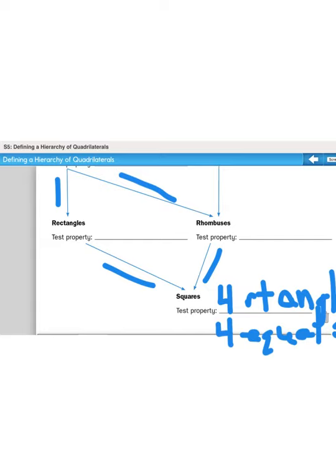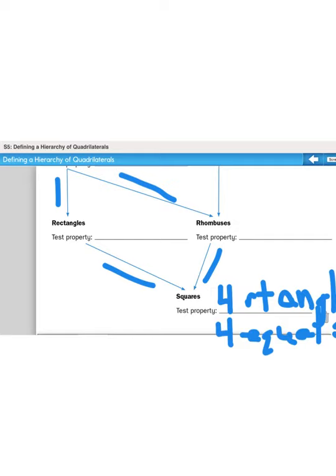Remember that if you reach a test that a quadrilateral does not pass, you need to check to see if there's a different branch the quadrilateral could follow. For example, if a quadrilateral does not pass the test for a trapezoid, you should try testing it as a kite. As an example, let's go through classifying quadrilateral A using the following steps and questions.